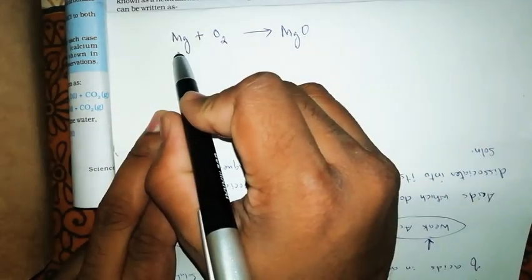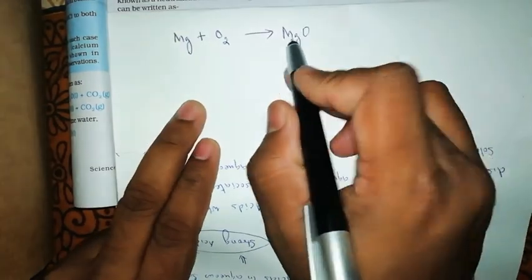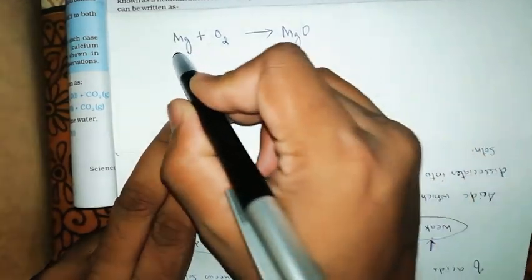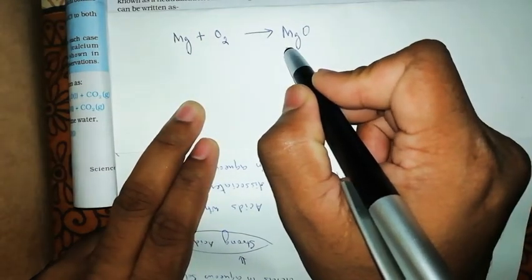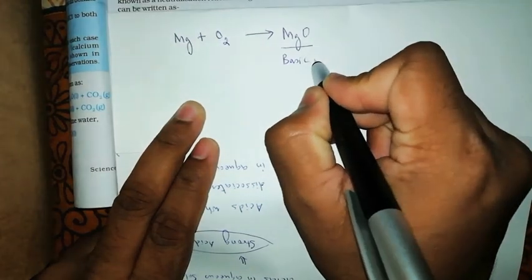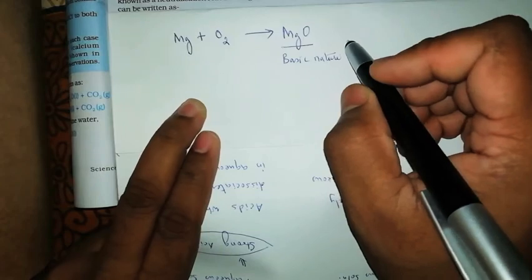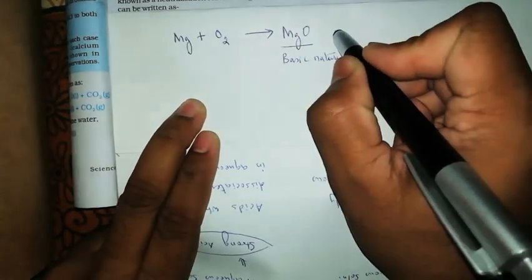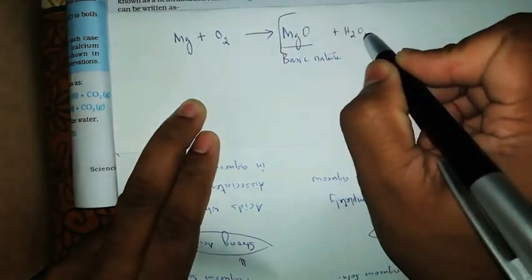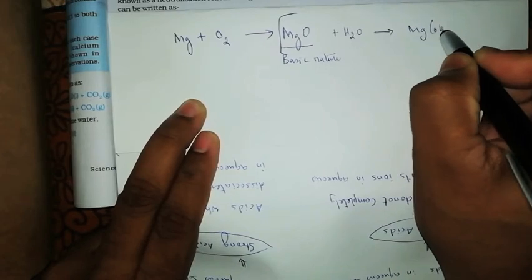That means when magnesium is burnt, a bright flame comes, and the ashes formed after the magnesium ribbon burns is magnesium oxide. And this magnesium oxide is basic in nature, right? In 7th standard or 8th standard, maybe you have tested this by adding some water into it. After adding water into magnesium oxide, it becomes magnesium hydroxide.